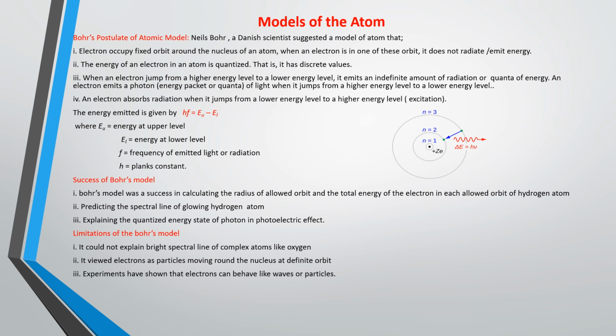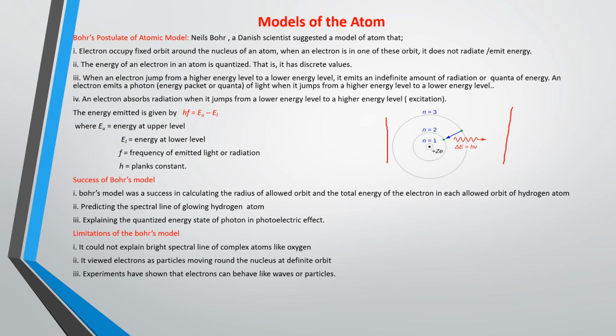Another model of the atom that is very important that we need to take note of is Bohr's model, the Bohr atomic model. Niels Bohr was a Danish scientist, and he suggested a model of the atom in which the electron occupies fixed orbits around the nucleus of an atom. This is Bohr's model of the atom.